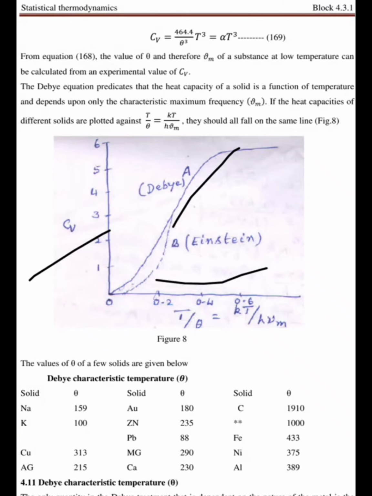So the Debye equation predicts that the heat capacity of a solid is a function of temperature and depends only on the characteristic maximum frequency, that is nothing but ν m. So next is the Debye characteristic temperature.